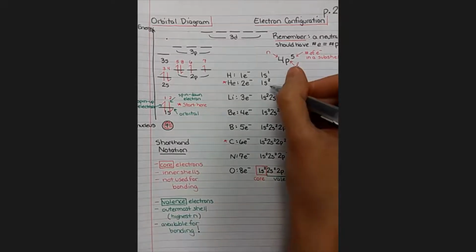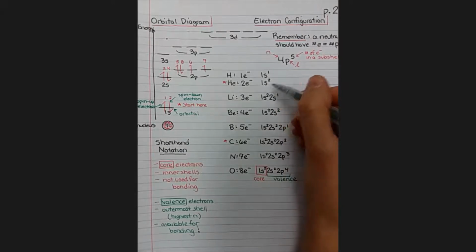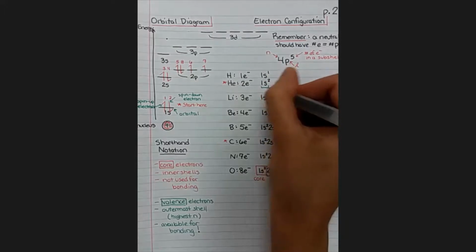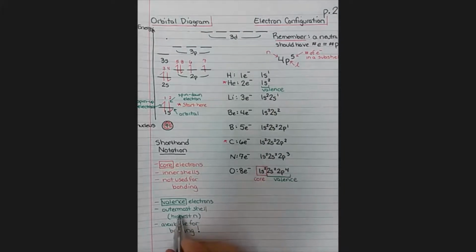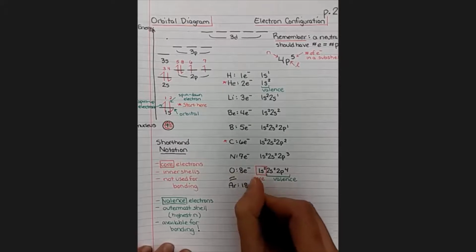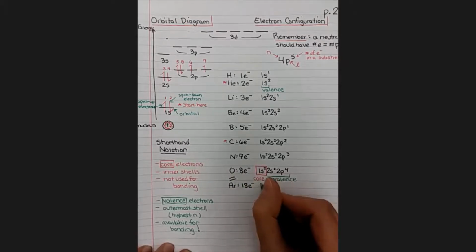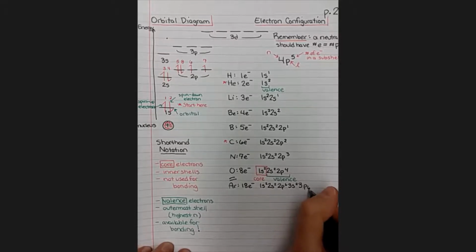But remember that it depends on which one the outermost shell is, which electrons you don't care about. If I was looking at something small like helium, there is only one shell that has electrons in it. So therefore, all of the electrons are valence electrons because there's only one shell, so that shell is the outermost shell. And if we were to draw something bigger, we can skip all the way to argon. Argon has 18 electrons, and its configuration looks like 1s2, 2s2, 2p6, 3s2, 3p6.